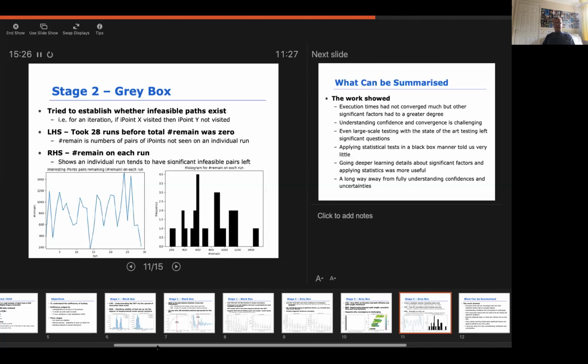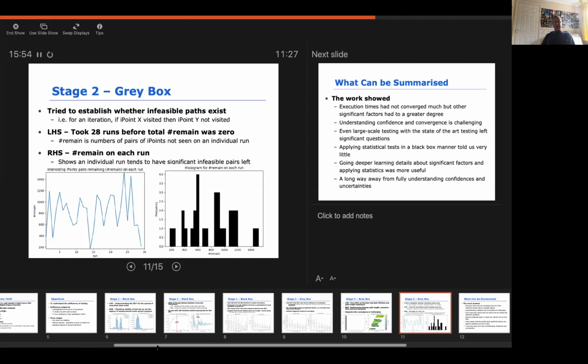We also tried to establish whether infeasible paths exist. For reasons of time, I won't go over this in too much depth, but basically the left-hand side shows how many I-point pairs remain on an individual run. What we mean by that is we looked at I-points and whether on a particular iteration, I-point X and I-point Y were both visited on that run.